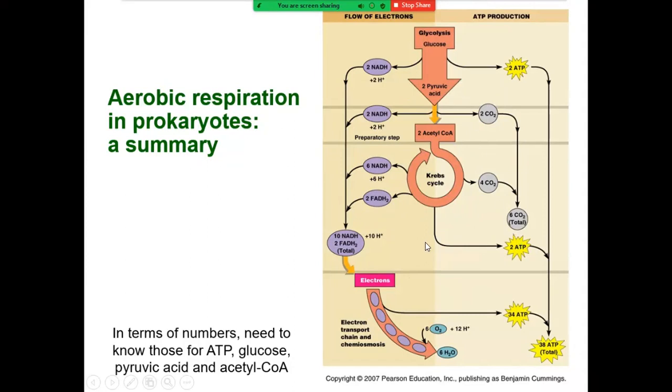And then from the electron transport chain, we get 32 to 34 ATP. So the total in a eukaryote cell is 36 to 38 ATP per molecule of glucose. 6 oxygen come into the system and then 6 water come out. Any question about any of that?